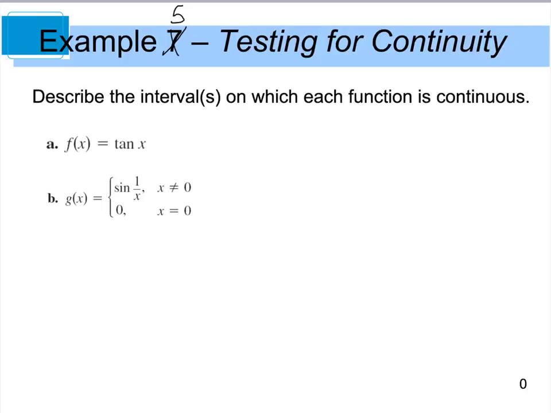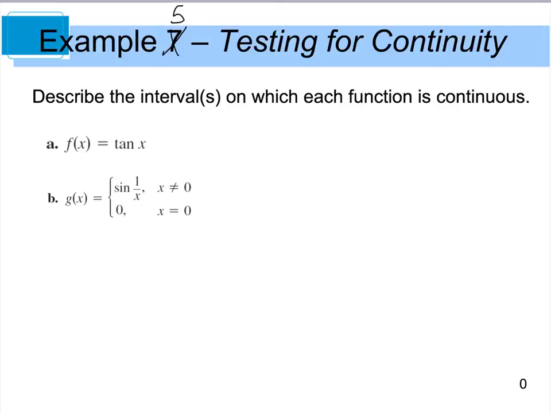Now, when you graph the tangent, if you don't remember it, you can graph it on your calculator. Please be sure you are in radian mode. The one thing you know about the tangent is it's undefined in increments of pi over 2. So if I'm looking at something in between increments of pi over 2, I should have a continuous function.